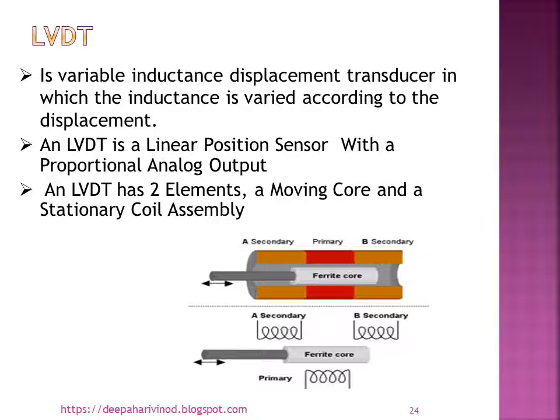So we provide the supply to the primary coil. The two identical secondary coils are connected in phase opposition. The voltage induced in the secondary coils is dependent upon their respective coupling with the primary winding.